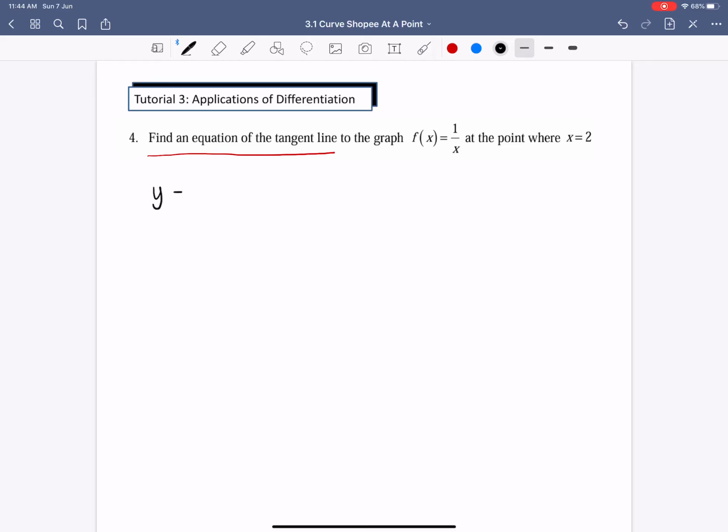represented by y equals mx plus c, where m is the gradient of the line, in this case the gradient of the tangent line, and c is the y-intercept.